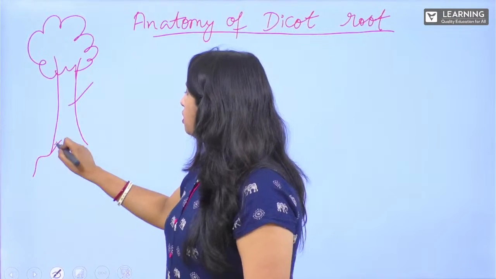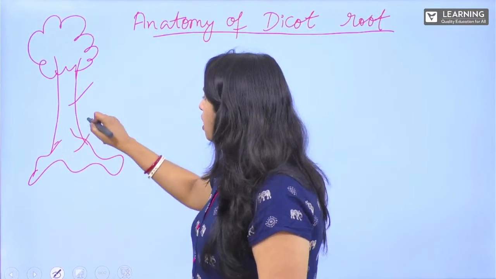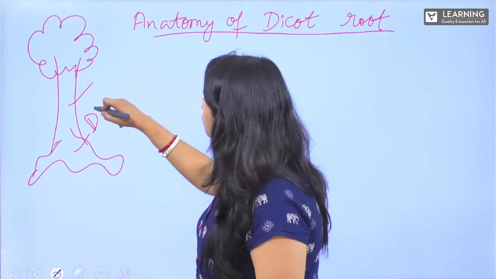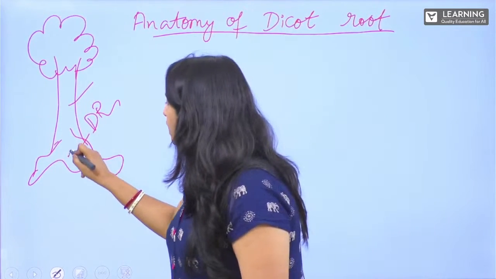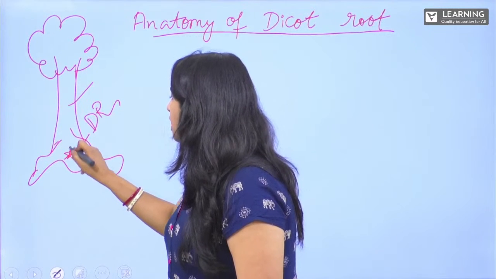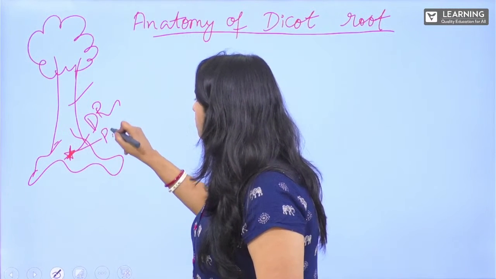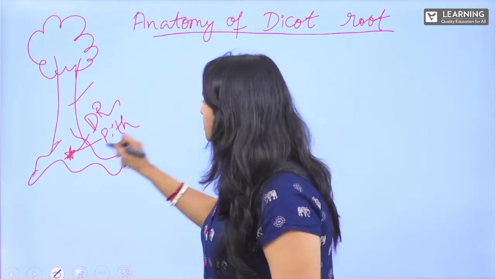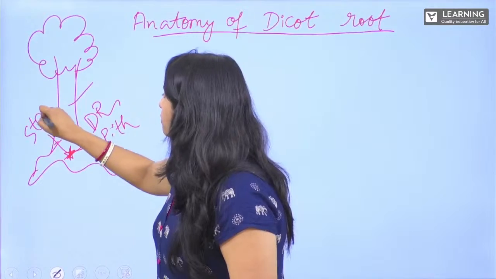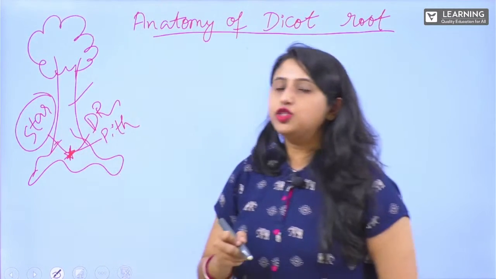These are your roots, let's say these are your dicot roots. In the dicot roots, the pith will be very small. Let's say this is the pith. Just remember the pith in the form of a small star.